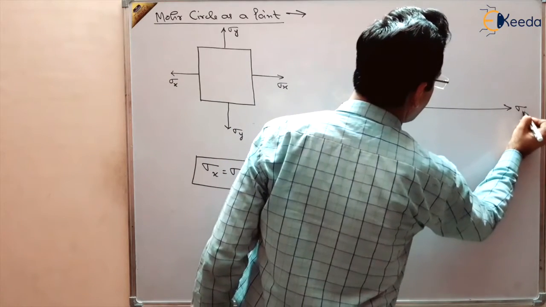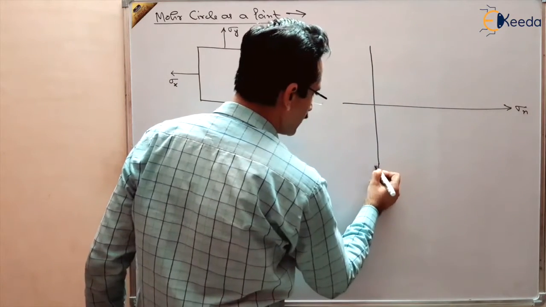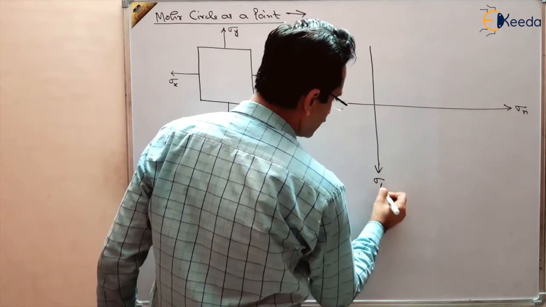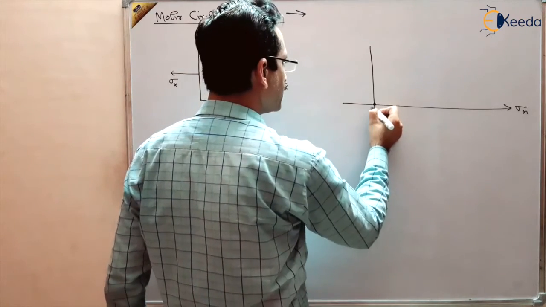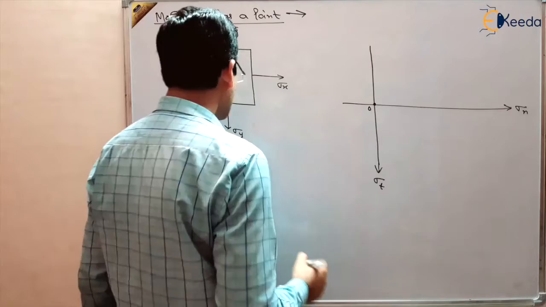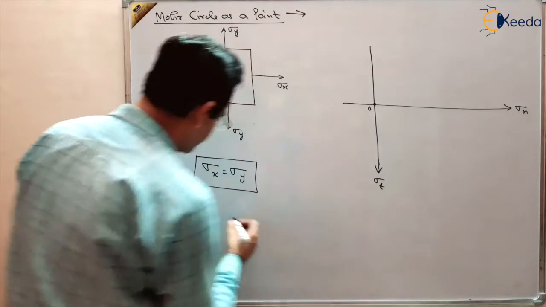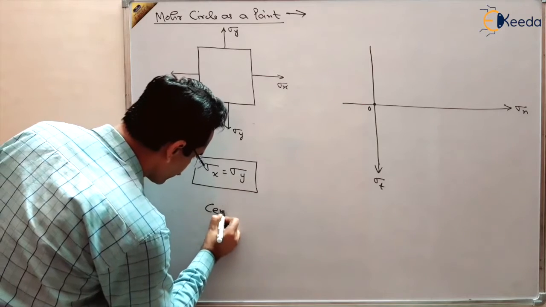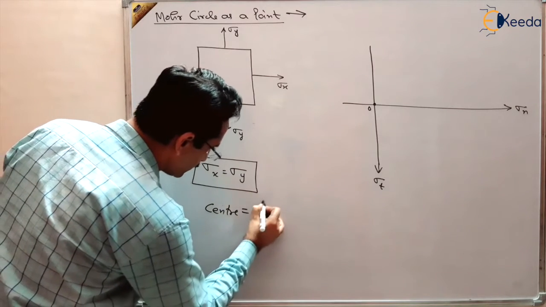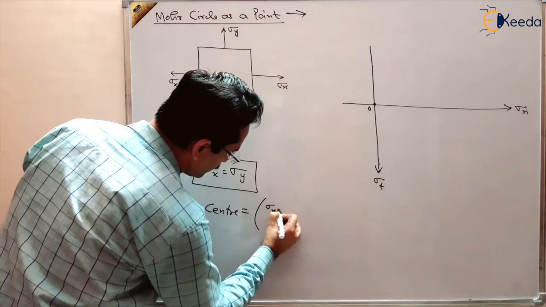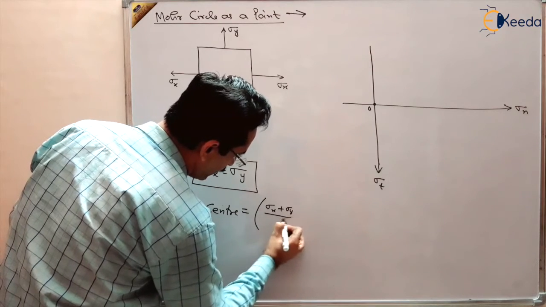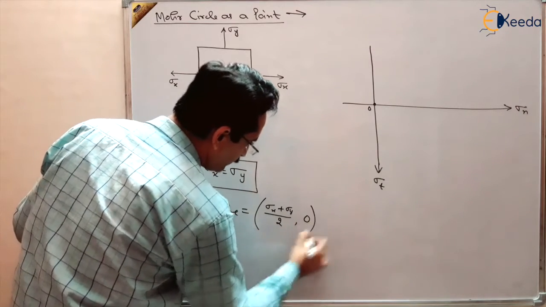On this axis we are taking the normal stresses, and on this axis we are taking the tangential stresses, right? And here it is O. So what will be the center of this circle? Center is (sigma x plus sigma y) by 2, 0.